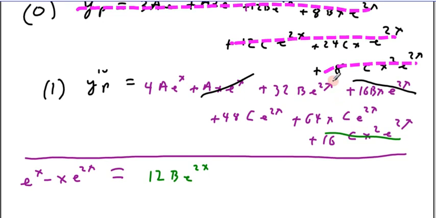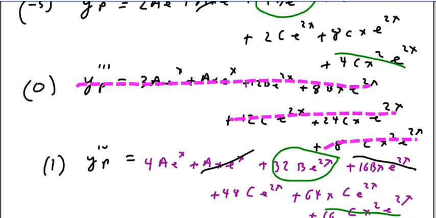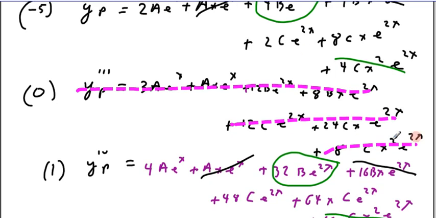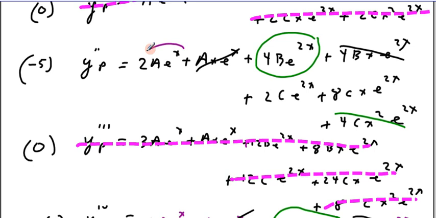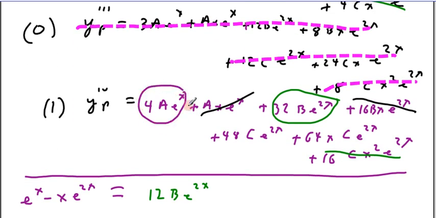I'm going to circle those guys so that I don't look at them again. Okay, I'm going to look at my a term. I have minus 10a, and I have 4a. I'm going to change colors. So I got minus 10 plus 4, so that's going to be a minus 6a e to the x.